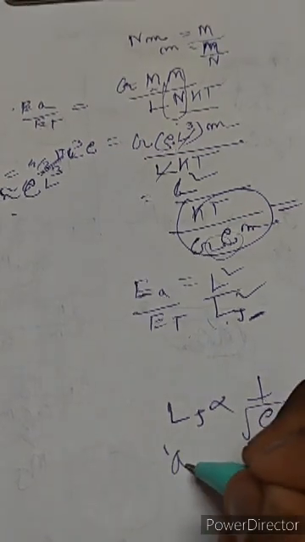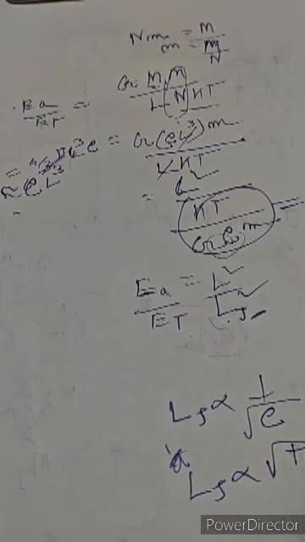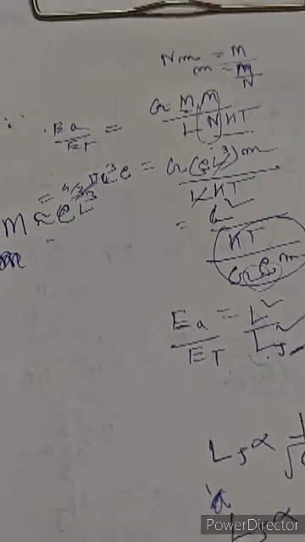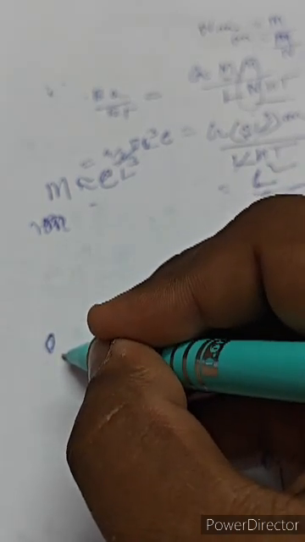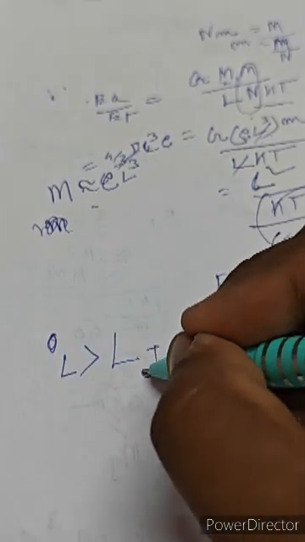And as temperature T increases, the Jeans length increases, because Lj is proportional to root over T. So in the tug of war between the gravity force and the internal pressure waves, gravity wins when L, the size of the planet, is greater than Lj.